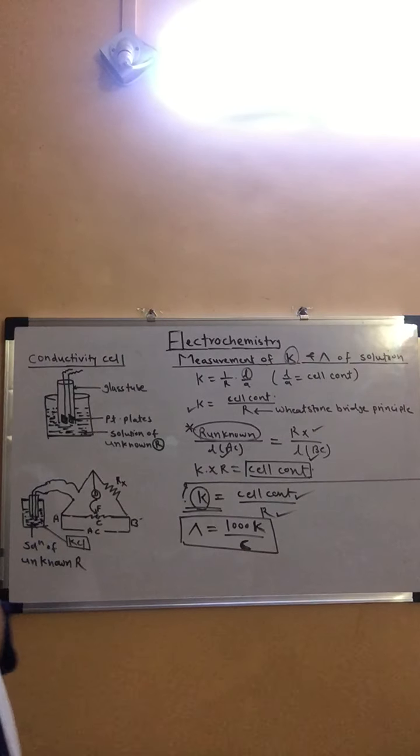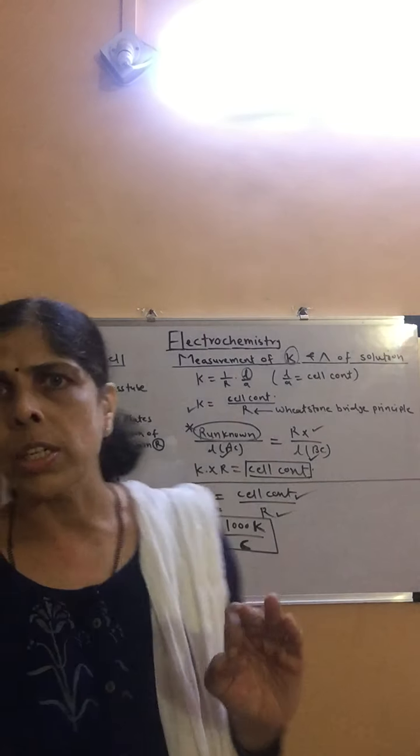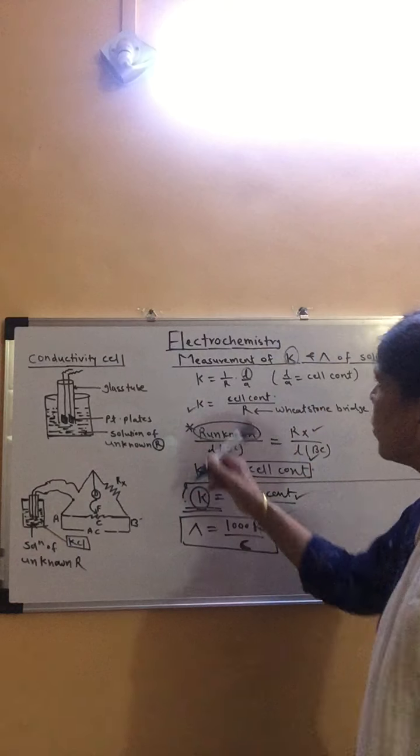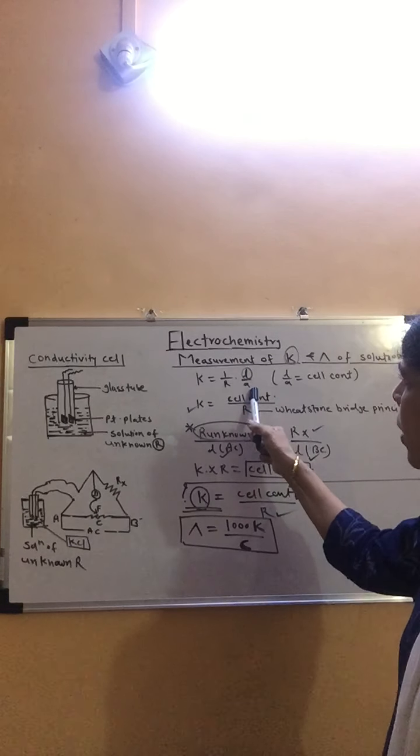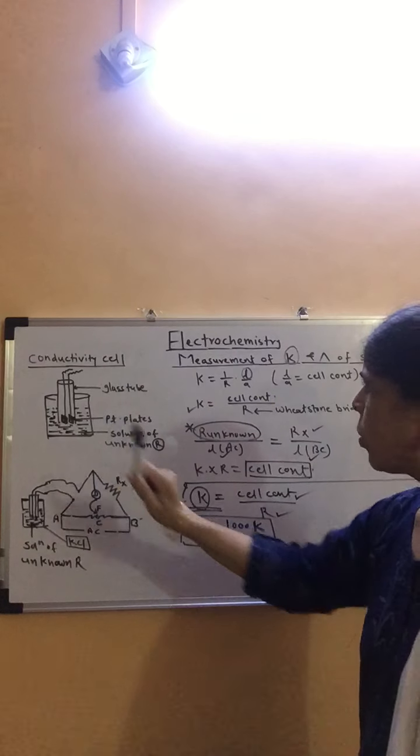See again, the conductivity cell is used for determination of unknown resistance. The conductivity cell is placed in the Wheatstone bridge, and in the beginning the resistance of the KCl solution is determined. K is equal to 1 upon R into L upon A, where L upon A is the cell constant, constant for a particular cell.